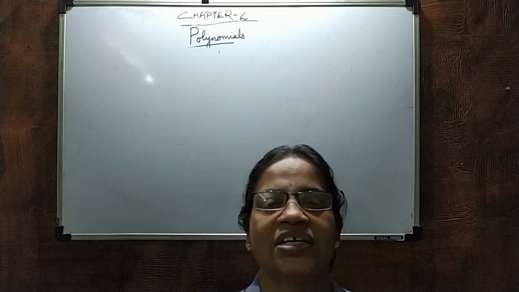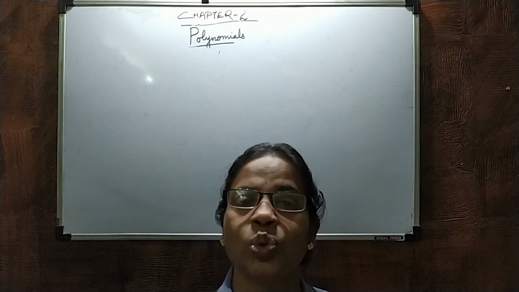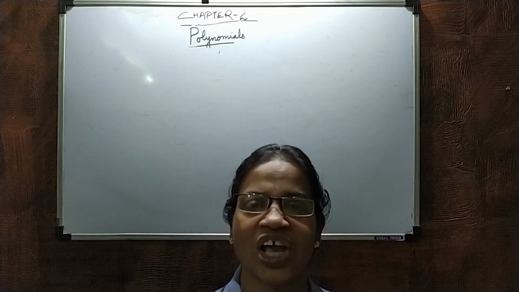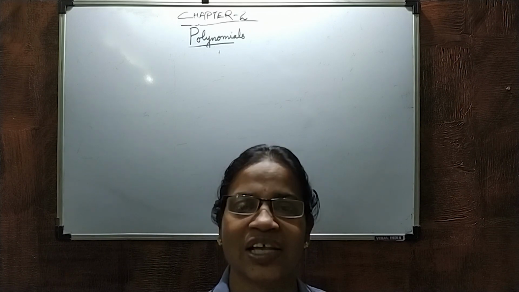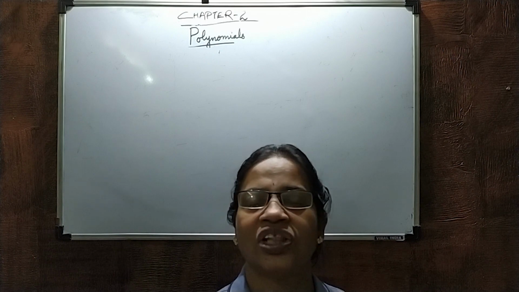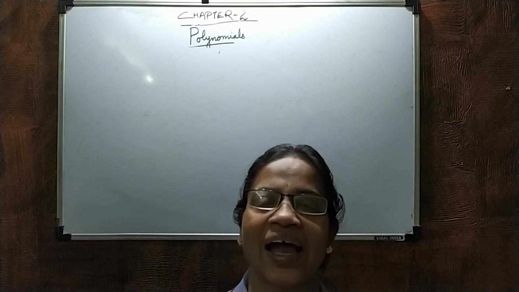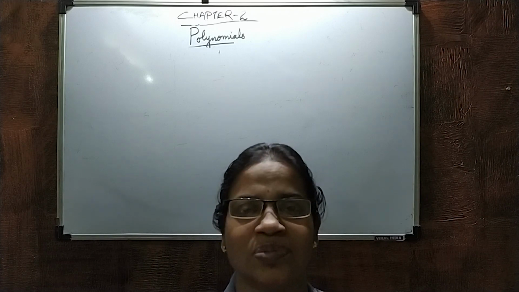Suppose it is 6x square plus 5. There are two terms because 6x square and 5 are connected with plus, right? If 6x square minus 5, there also two terms are there because they are connected with minus.